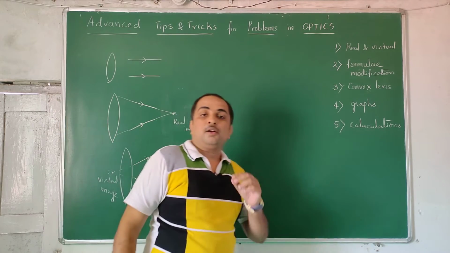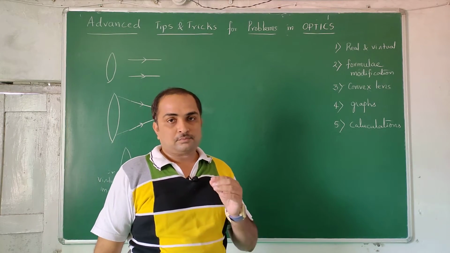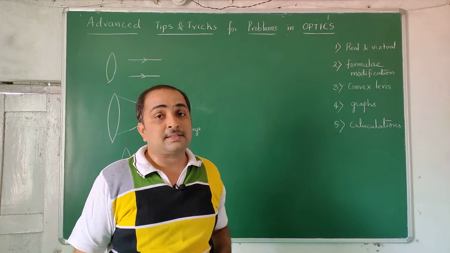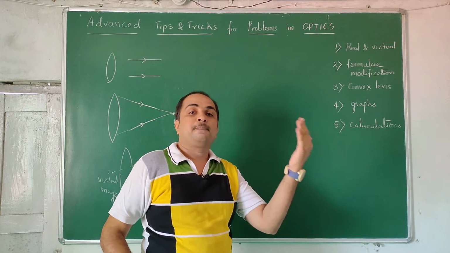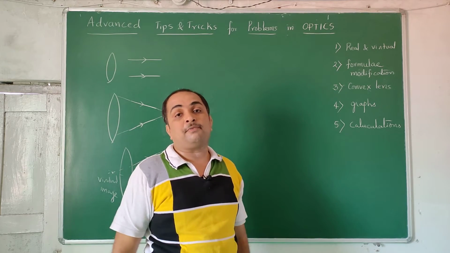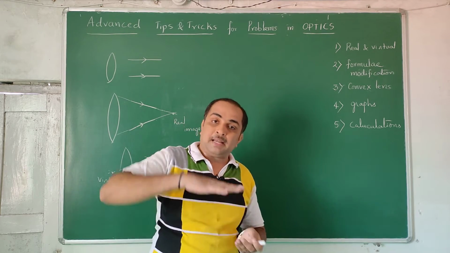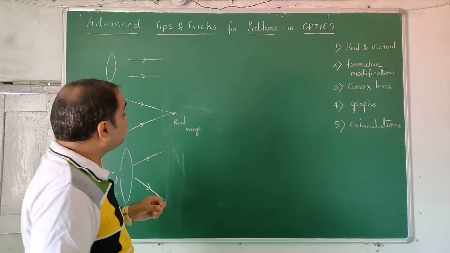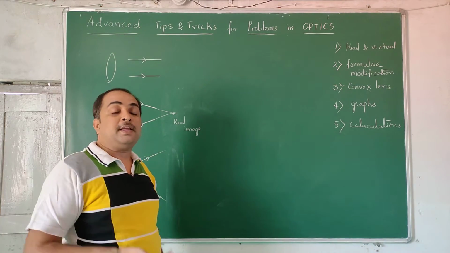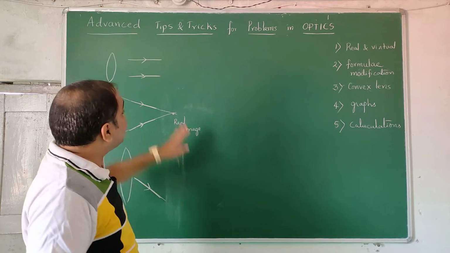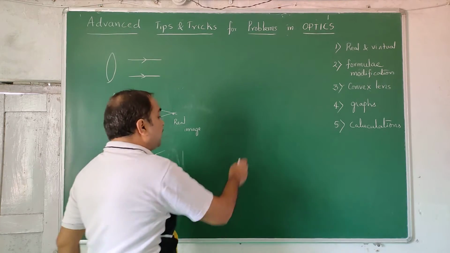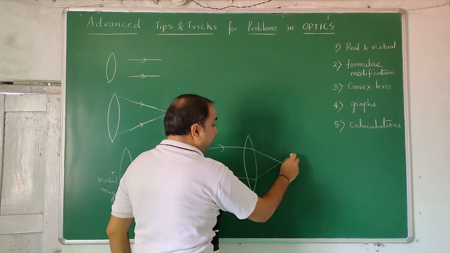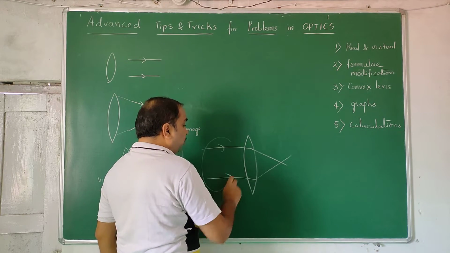So drop the notion of an image which can be caught on the screen or cannot be caught on the screen. Think like this: incident rays, emergent rays, which may be reflected or refracted. If incident rays are parallel, we say the object is at infinity. Incident rays are related to the object.